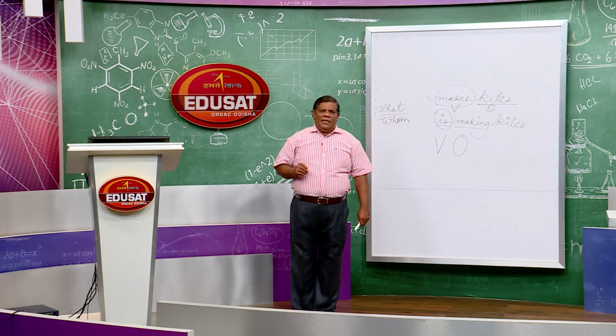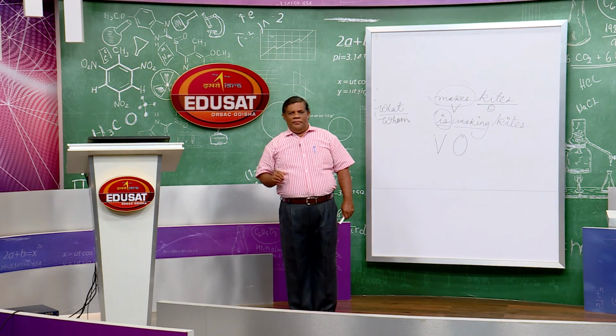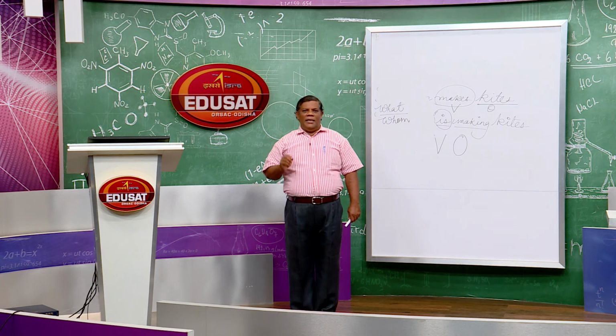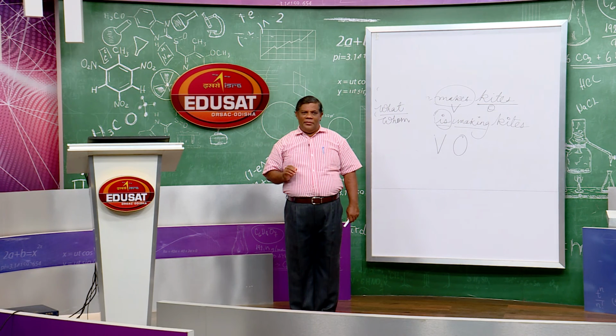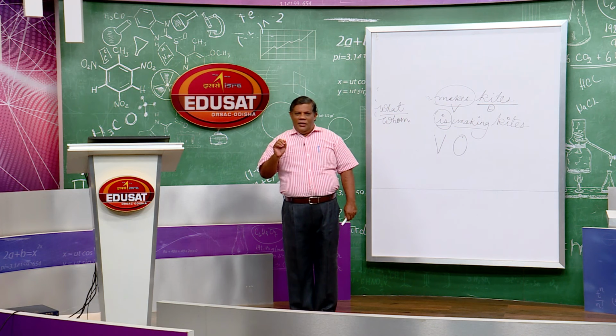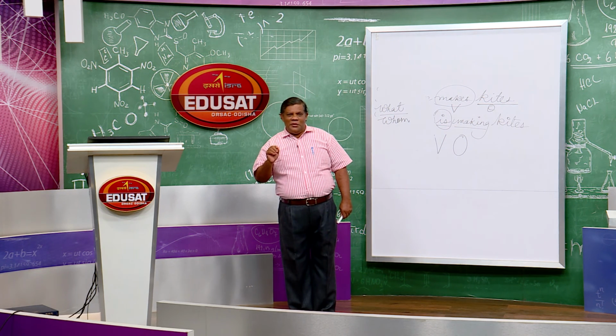The teacher called the boy, and here the teacher is the subject of the sentence, called is the verb of the sentence, the boy is the object of the sentence, because which part here answers to question what or whom.